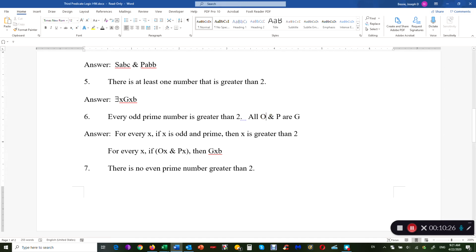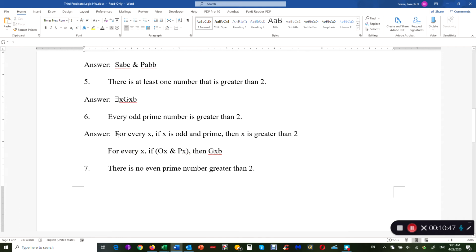So if you were to plug in some variables, all Ox and Px are Gxb, right? All things that satisfy being odd and prime are things that are greater than 2. So it's the all A or B form, ultimately. For all x, if Ax, then Bx. For all x, if this, then that.